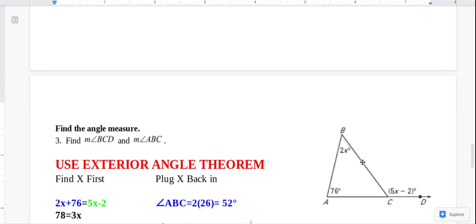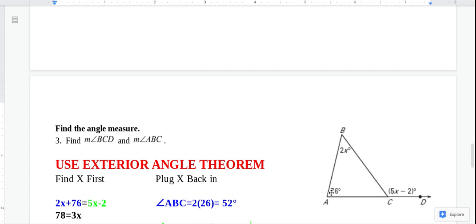So the exterior angle theorem tells us that 5x minus 2, which is our exterior angle, is going to be equal to the sum of the two non-adjacent interior angles. So we're going to add 2x plus 76 and set that equal to 5x minus 2.